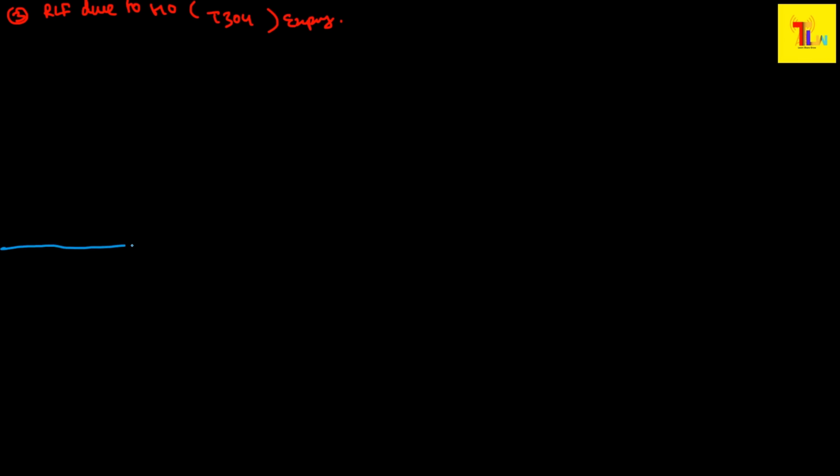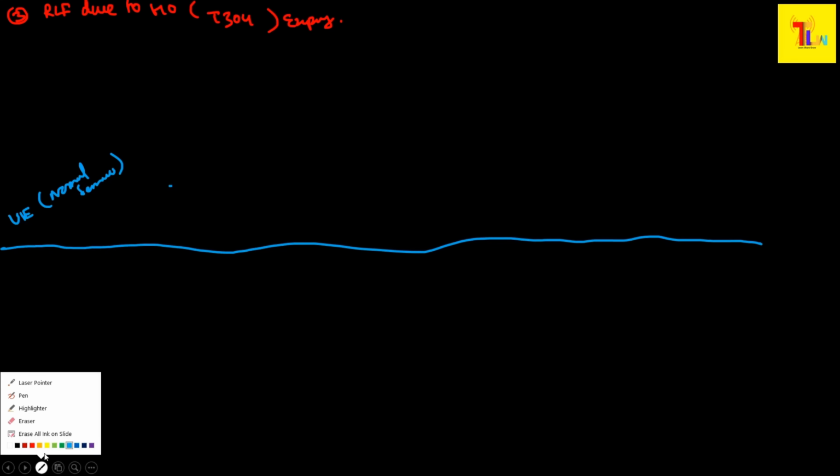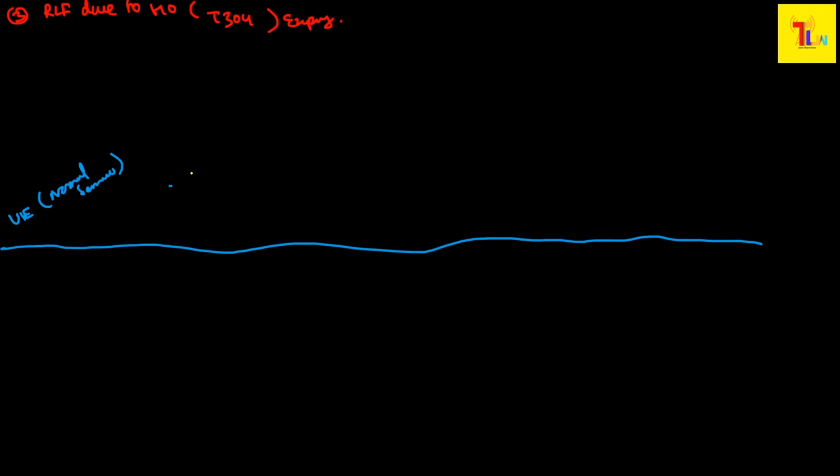Sorry, I'm not able to draw a straight line here. Whenever your UE is doing normal sessions or whatever ongoing processes, and at some particular point it starts facing an issue, what exactly will happen?